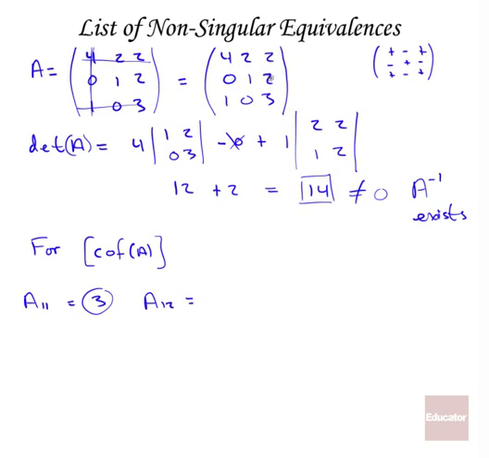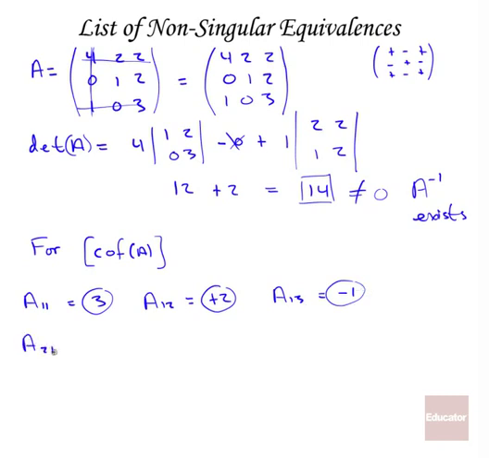I'm left with 0, 2, 1, 3. Since it's going to be a negative, 0 minus 2 is minus 2 as the determinant, but I have to stick a negative sign in front of it, so it ends up being plus 2. A1,3. I knock out that column, that row, I'm left with 0, 0, 1, 1. So it's 0 minus 1 is minus 1, and it's positive, so that's equal to negative 1.